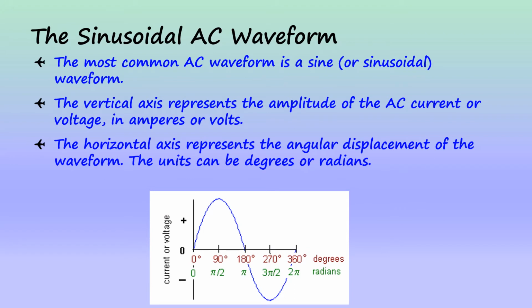In the sinusoidal alternating current waveform, the vertical axis represents the amplitude of the alternating current or voltage, and the horizontal line represents the angle at which the conducting wire is cutting through the lines of magnetic flux.